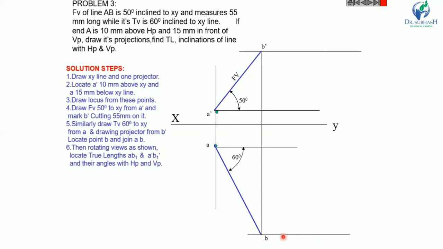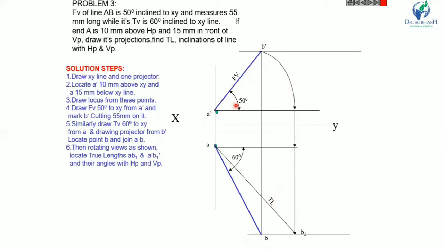Now from B, draw locus and get the true length. So A dash is the center, front view is the radius, and draw arc. So you will get the point B1, join AB1, is the true length.